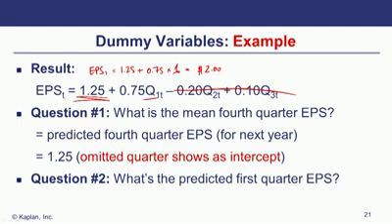You know your earnings in the fourth quarter is 125. So you could think of the slope for the first quarter as telling me how earnings per share in the first quarter relate to earnings per share in the fourth quarter. The statement I can make is that in the first quarter, earnings per share are 75 cents greater than the fourth quarter. Similarly, earnings per share in the second quarter are 20 cents less than in the fourth quarter.